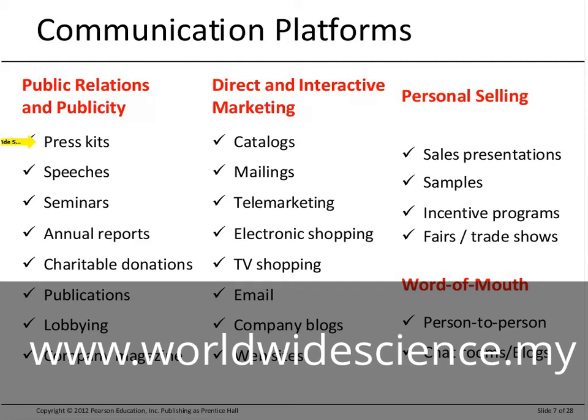You can also have TV shopping, introducing your products through cable TV and getting orders. And also email, company blogs, which are very popular at the moment, and websites, other parts of direct and interactive marketing.